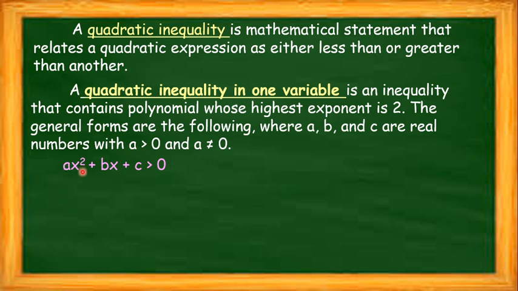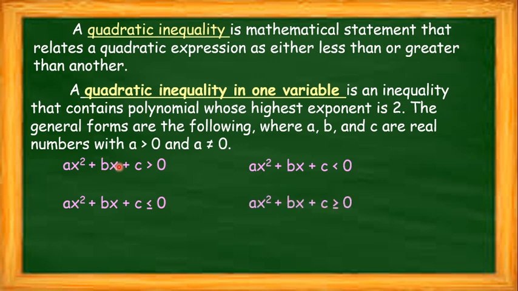So, we have ax squared plus bx plus c greater than 0, ax squared plus bx plus c less than or equal to 0, ax squared plus bx plus c less than 0, and ax squared plus bx plus c greater than or equal to 0.